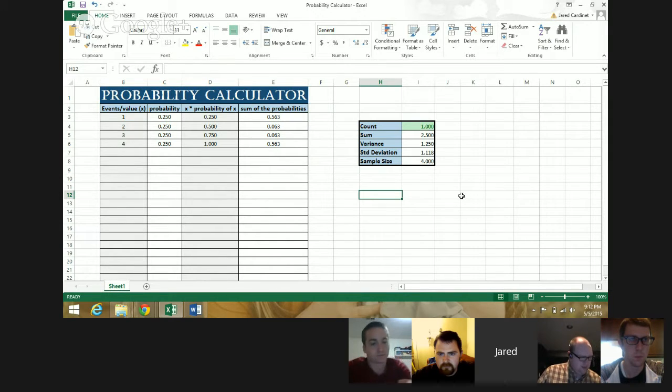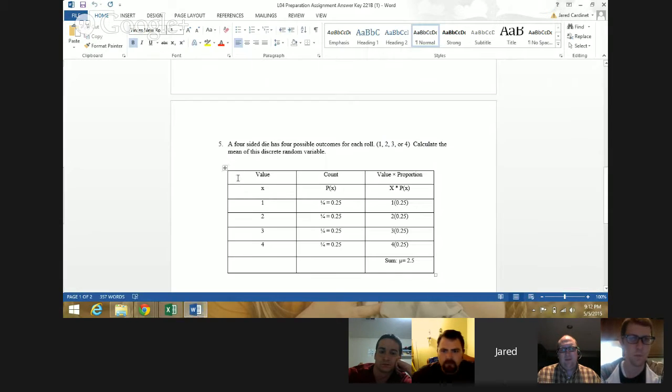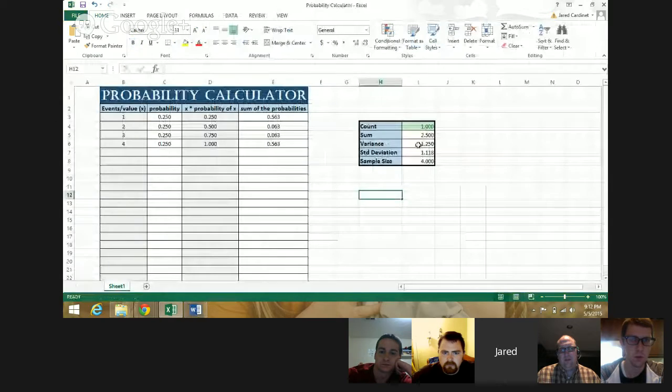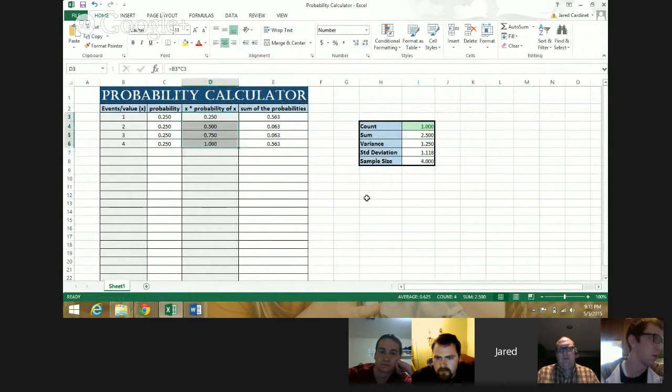So as you can see, I already did the math. It's asking for the mean of this discrete random variable, and the mean is the sum of the probabilities, which is this section right here. That's 2.5.